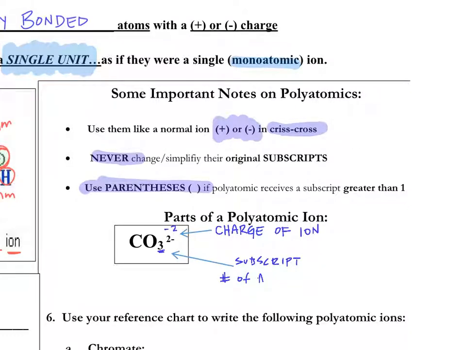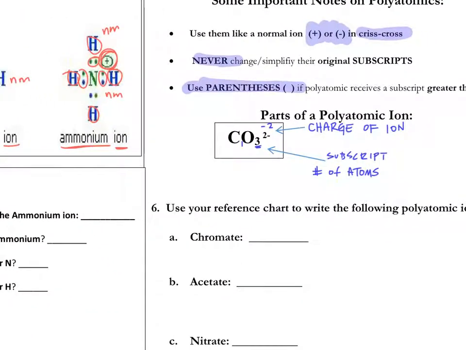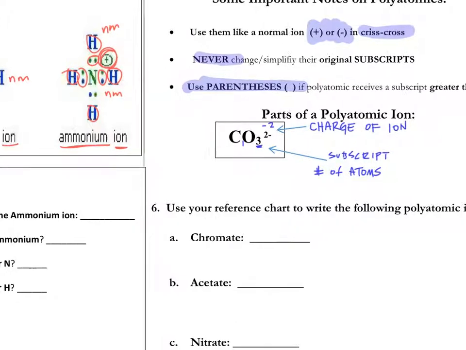So in other words, when I look at this, I know that the 1 for carbon is implied. I've got 1 carbon, 3 oxygens, and combined they have a -2 charge.